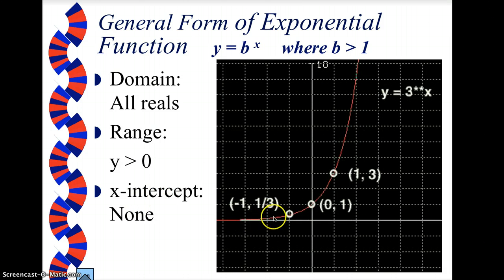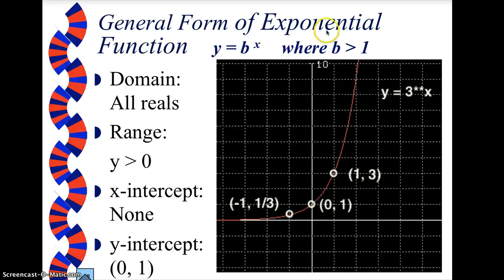It will never touch the horizontal line or the x-axis. If you take a look at this red curve here, this red actually will never touch the x-axis. Although if you extend the red, it seems like it's along the x-axis, it's just threading along the x-axis but not touching it. So there's no x-intercept.